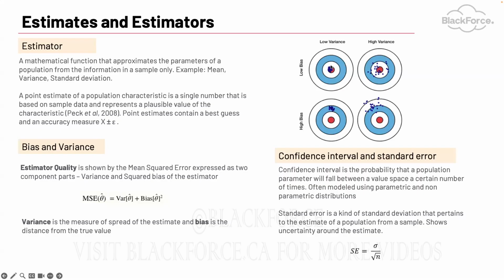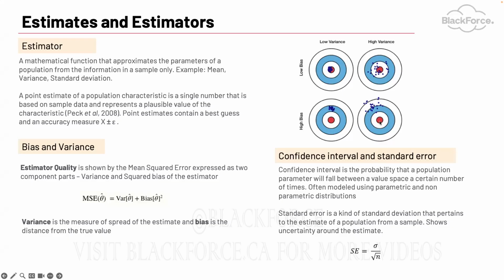Low variance, low bias: you can see the dispersion is low and it's not very wrong, it's right about the center. High variance, low bias: you're not systematically away from the target. Think about the red point as the true measure.